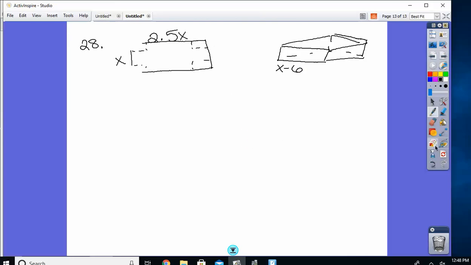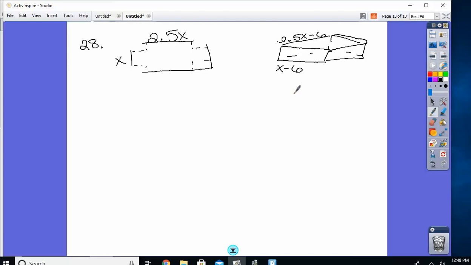The other side was 2.5x, but you took 3 off this end and 3 off this end. So now it is 2.5x minus 6. Okay, so knowing that you're going to have to do this tomorrow, is everybody following me?